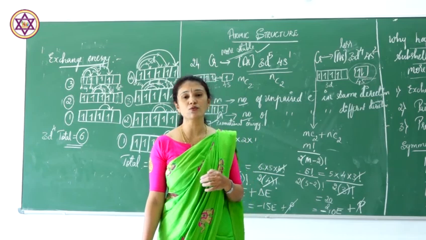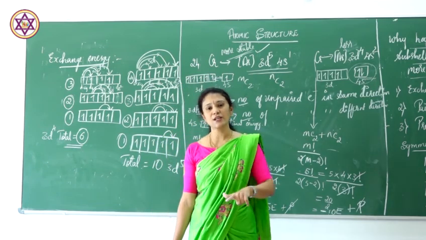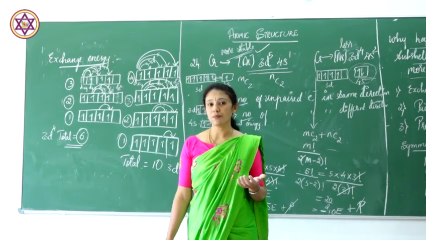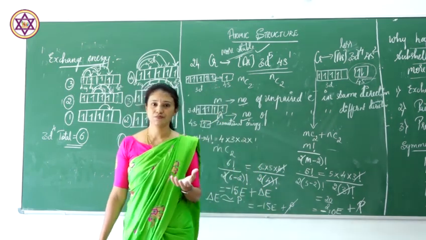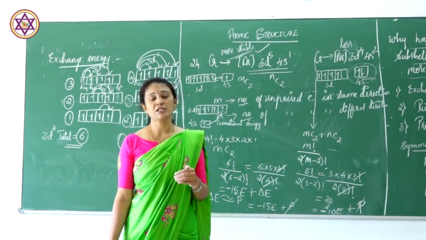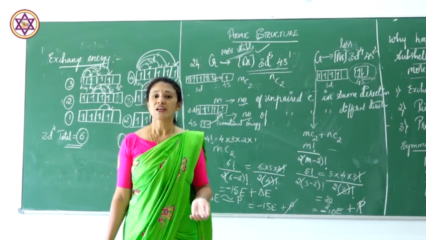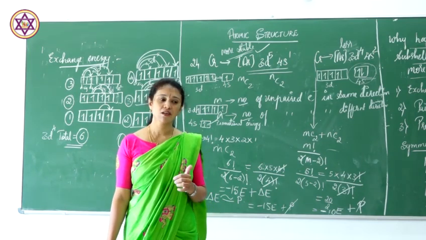In that you all came to know that copper and chromium are exceptional cases, and that is explained by why the half filled and completely filled subshells or degenerate orbitals have more stability. In that I have explained the concept of symmetrical distribution of charges as well as the exchange energy, promotional energy and also the pairing energy.